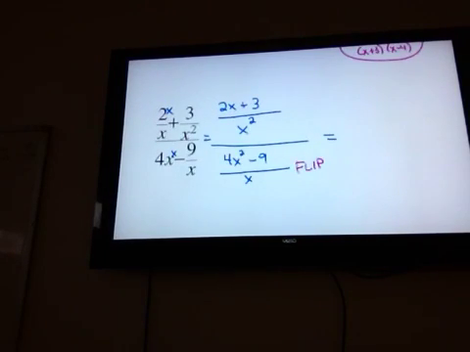So once I get it written as my single fraction over my single fraction, then I'm ready to flip it, factor, reduce, whatever. So the numerator one stays the same. There's no factoring to do.